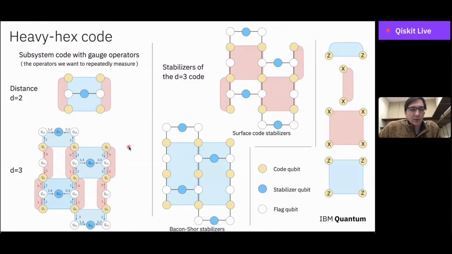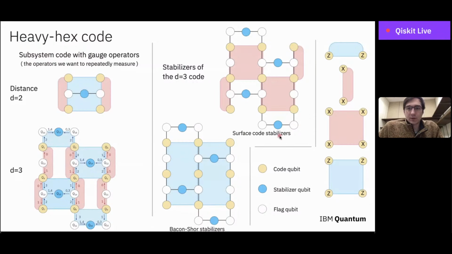This means that the useful information you get from these gauge measurements is actually only certain products of the gauge operators. And those products of the gauge operators are the stabilizers. So that's in this center panel. I show you the stabilizers of the distance 3 heavy hex code.